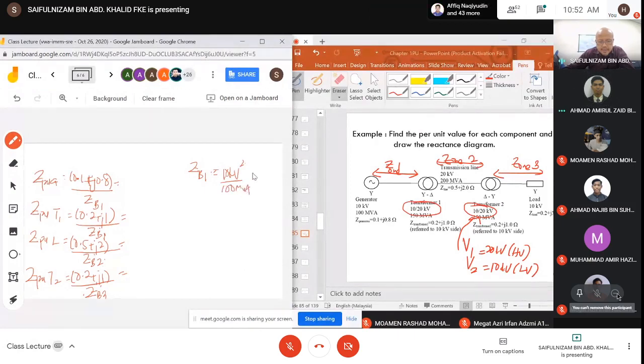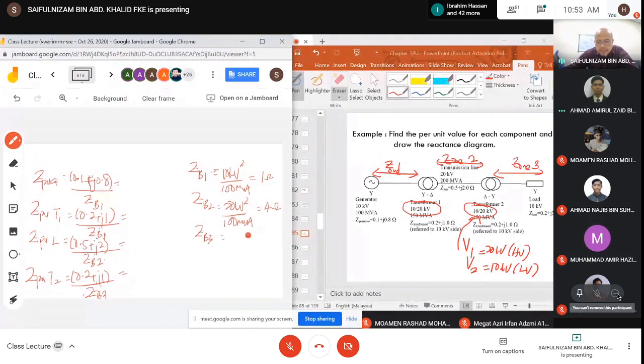What do you get? 1 ohm. Z base 2 equals 20 kV squared over 100. 4 ohm, right? Yes.